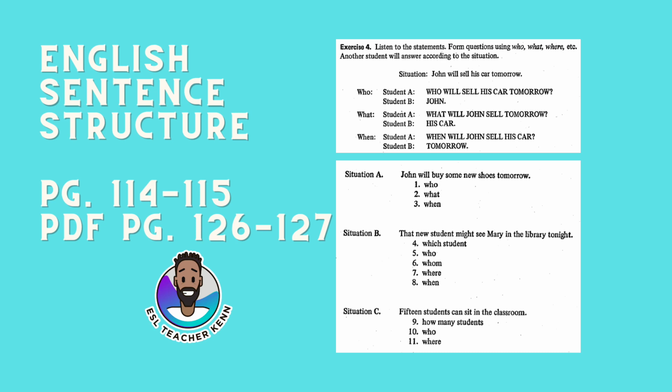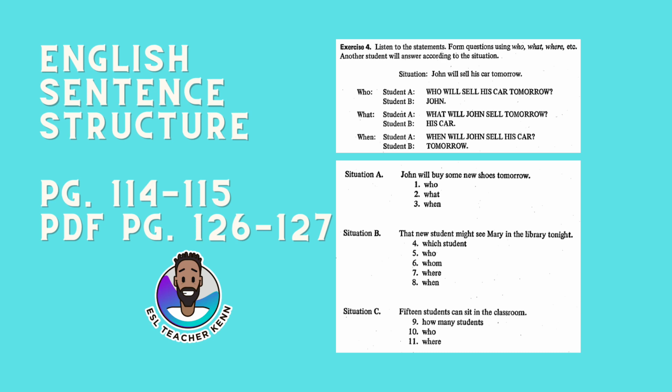On page 114 of the English Sentence Structure book, page 127 on the PDF, the first situation says, John will sell his car tomorrow. The question with who is, who will sell his car tomorrow? And the answer is John.